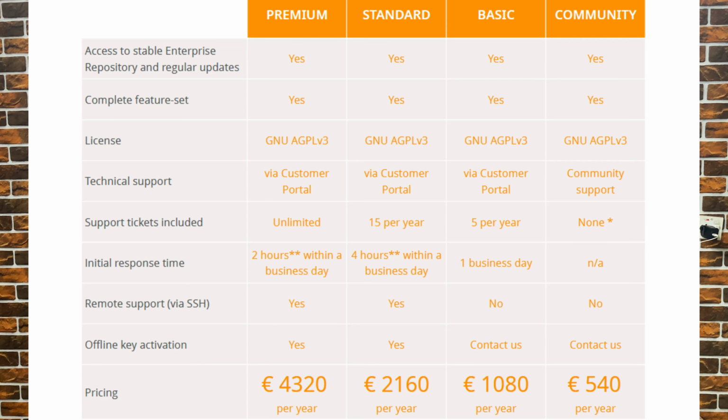If I talk about the pricing or budgeting model, it's really high. You can see on the screen that you need to spend thousands of dollars for a single server, because for the premium subscription the pricing model appears on your screen. If you are running a data center with 10 or 20 physical servers, you need to consider the subscription cost as well, because these are not only per year, but also per server.